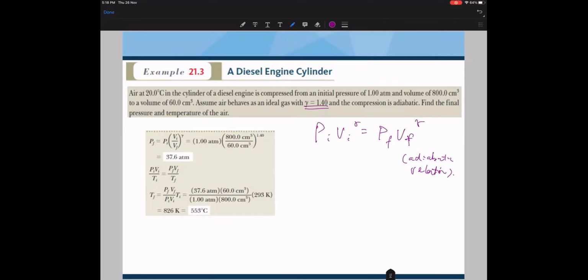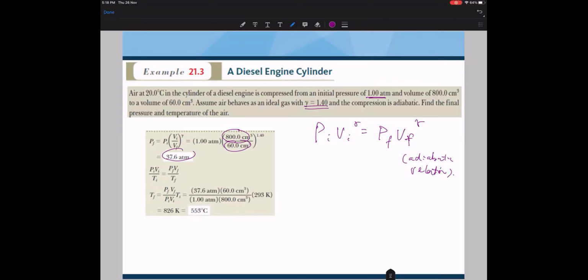So you just substitute the numbers into the equation: initial pressure 1 atmosphere, initial volume 800 cm cube, final volume 60 cm cube. This would give you a final pressure of 37.6 atmospheric pressure.